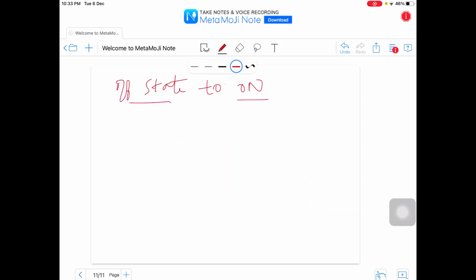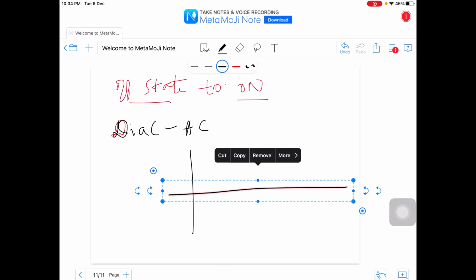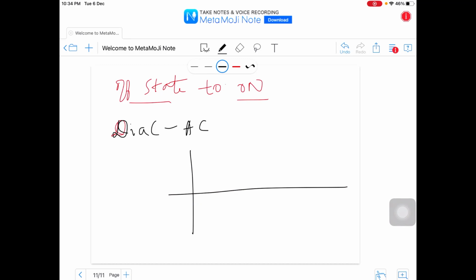Now, if the Diac is connected to an AC supply, what happens? This is the waveform. Suppose this is the supply I am going to give.